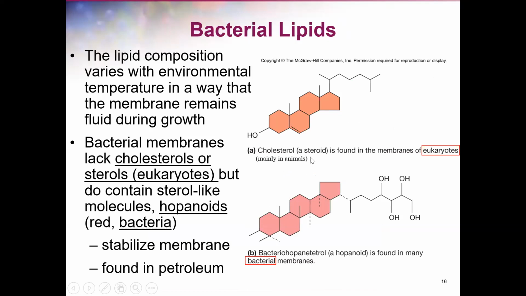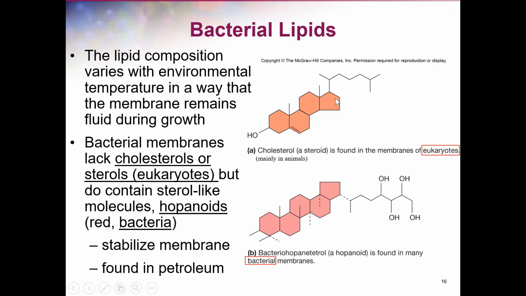We know this is not good in terms of health, but it's a very important material to make the cell membrane. So looking at the structure, it's actually a little bit different, right?